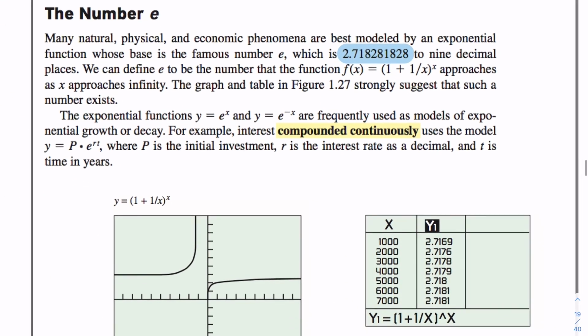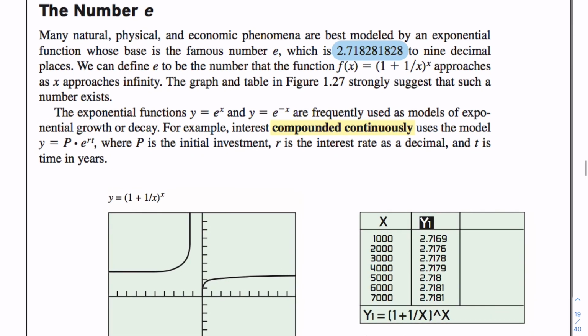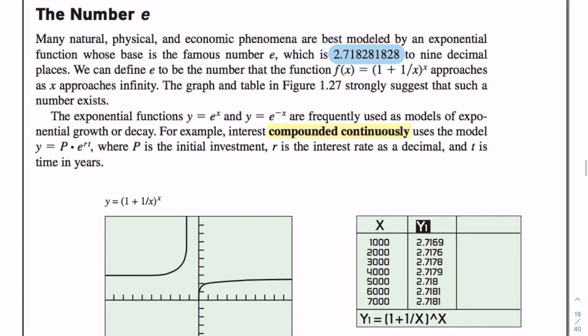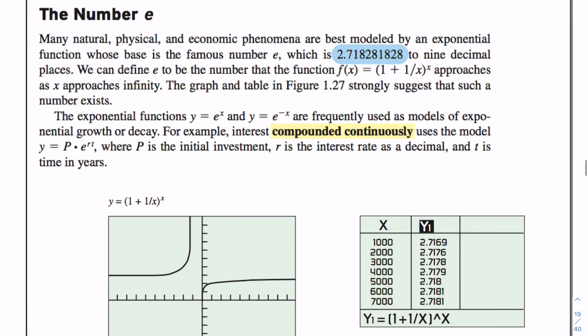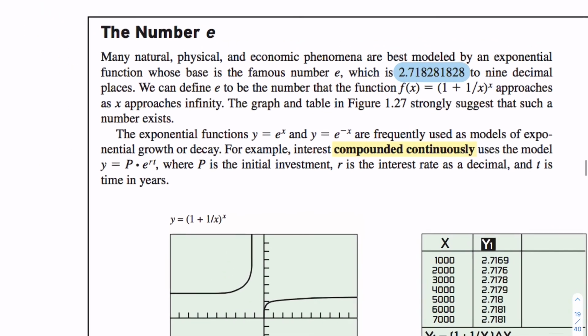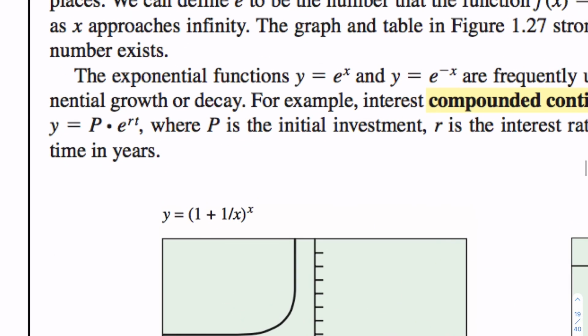A lot of things happen in the real world that follow this particular sequence of growth. And one thing we can use it for is compounded continuously. Things that are compounded continuously use this particular model. It's called PERT, y equals p times e to the rt, where e is 2.7183, r is a rate, t is time, and p is a principal amount.